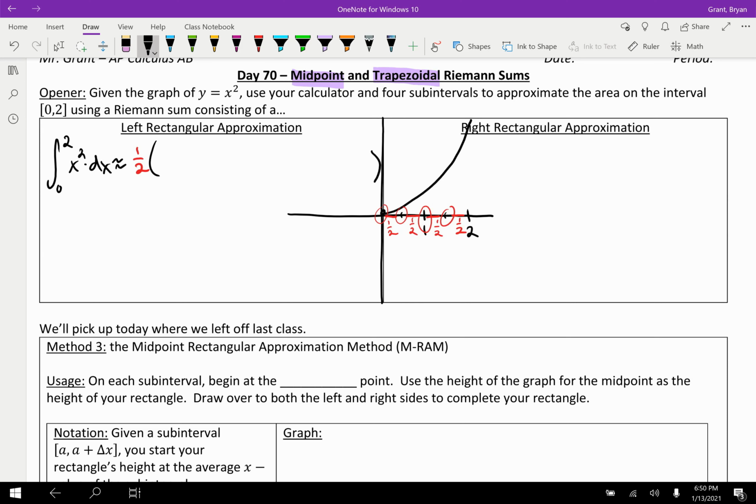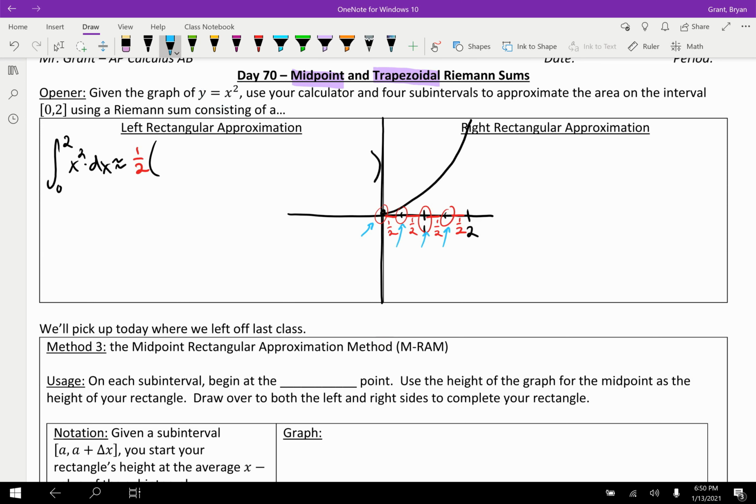And then, instead of actually finding the y values, think about how you find them. You take these 4 x values that I'm going to show in blue, and you evaluate them in x squared. When you substitute each of these into x squared, you get a height, or a y value.